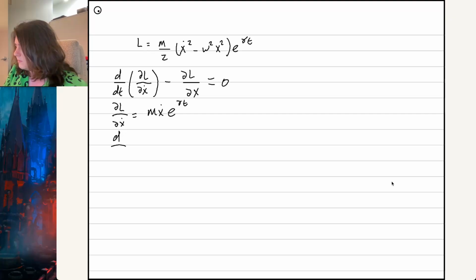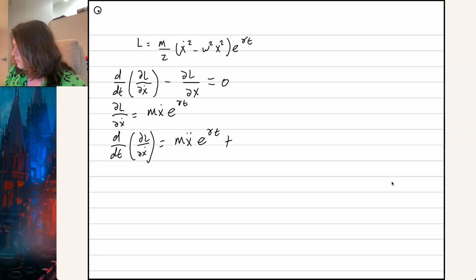The time derivative of that is going to have two terms. One with the second time derivative of x, and then one with the time derivative of the exponential term.